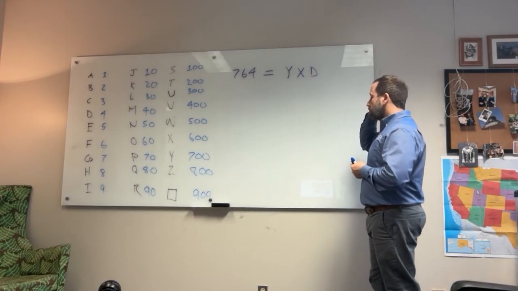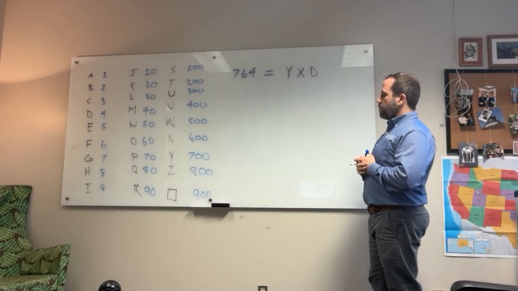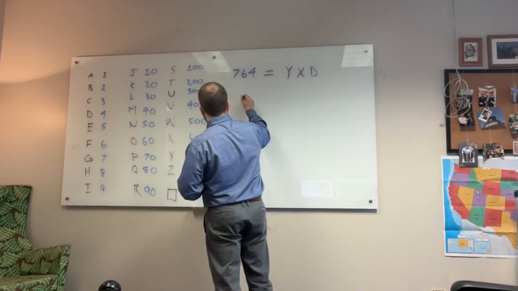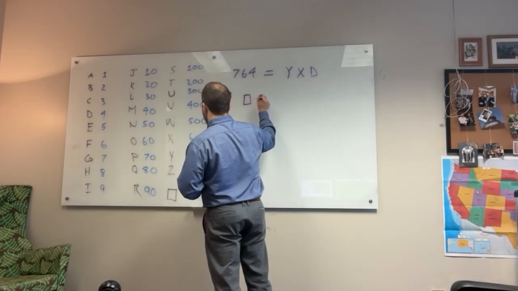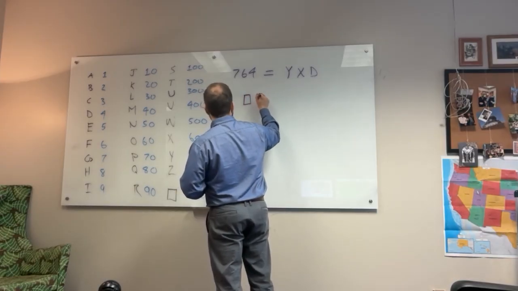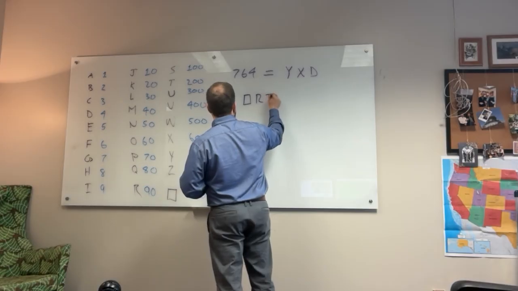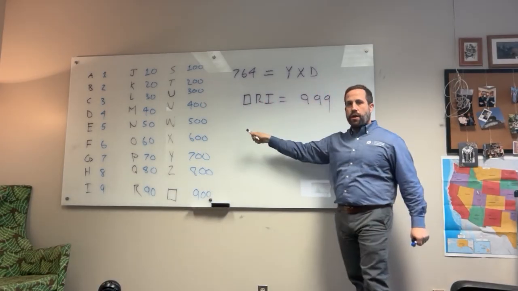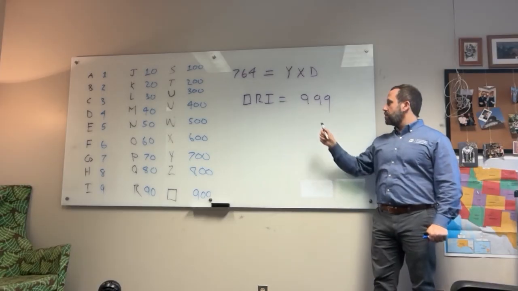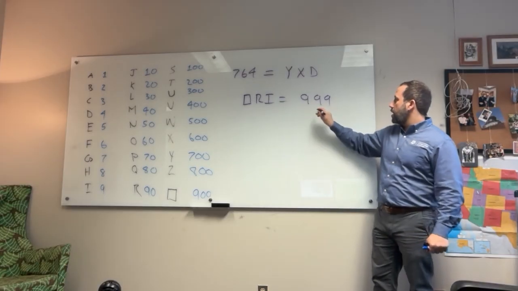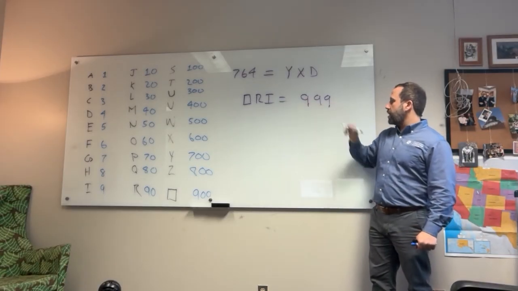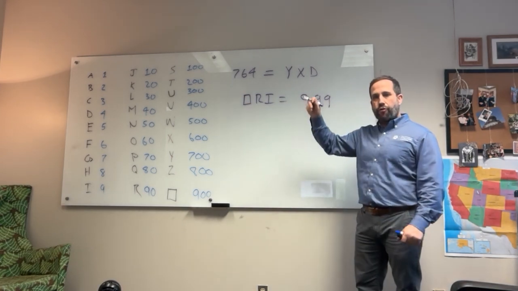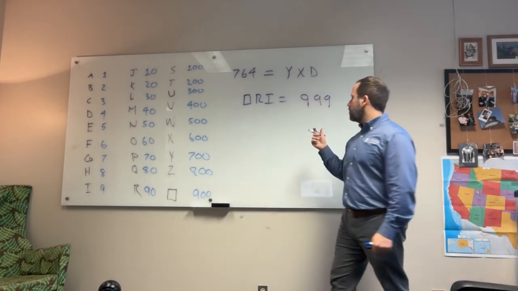Anyways, as it stands, with the numbers listed here, the biggest number that they could write would be 999, so R, I. But they had a pretty cool trick, which is that for all of the letters from A to I, they could write a prime in front of it to get 1,000.